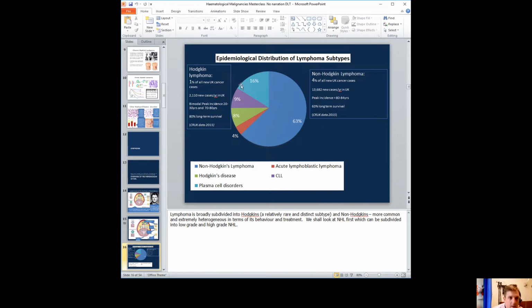These cells are plasma cells. They make antibody. They live in the bone marrow, which is why it's called myeloma, because myeloid is of the bone marrow. And aggressive acute lymphoblastic lymphomas, which we've really talked about in the same bracket as ALL. And then Hodgkin's, which is a small proportion of the lymphomas that we see.